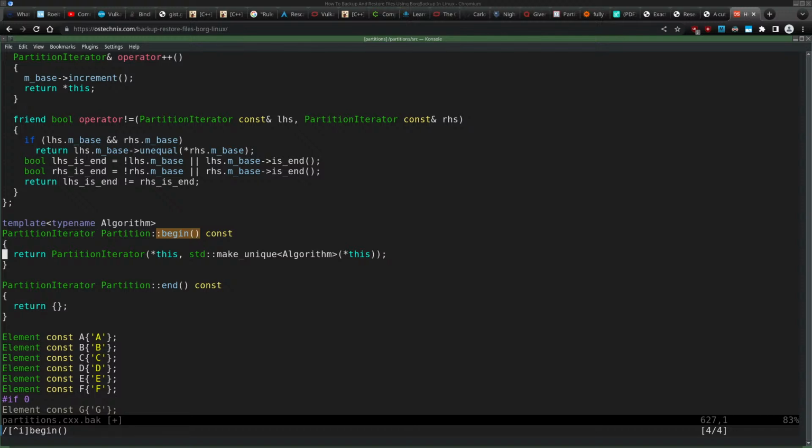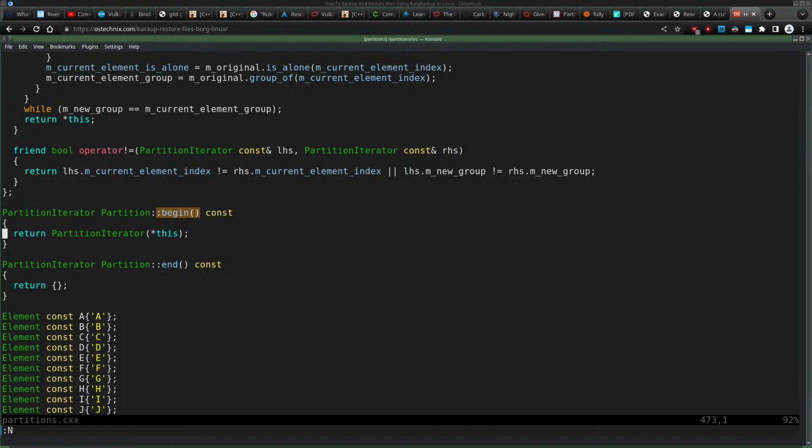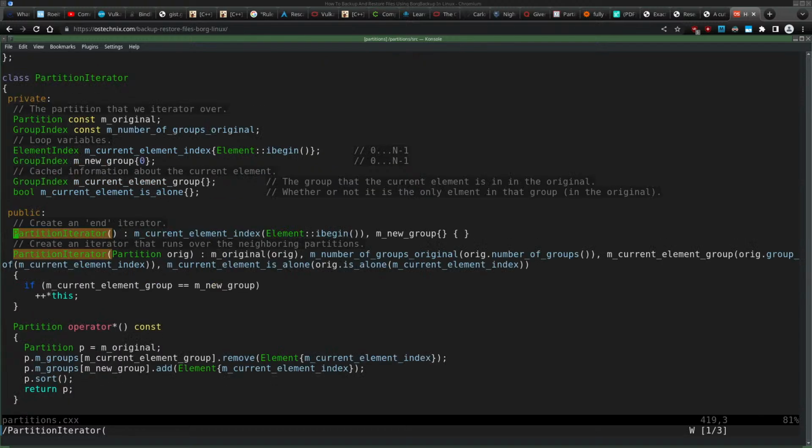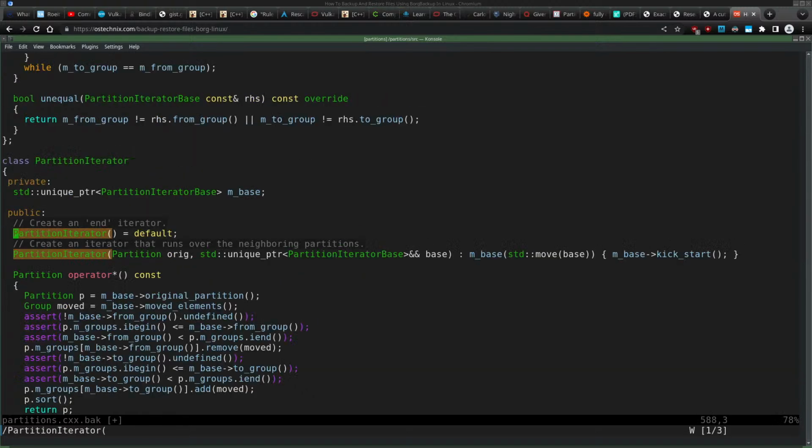So this calls a certain constructor of partition iterator, and the old code also. And that constructor is this constructor. Keep typing the wrong thing. This constructor.